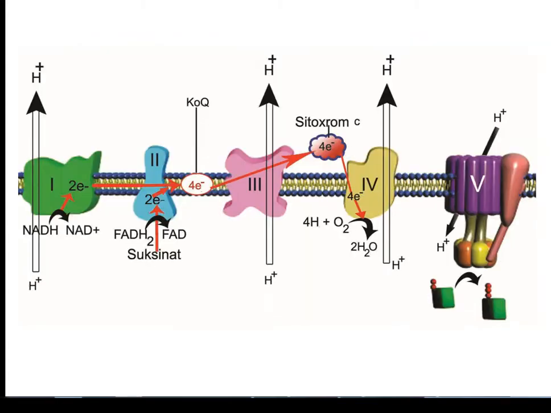As I mentioned, it is the process that is responsible for formation of ATP. Acetyl coenzyme A, formed through the beta oxidation of fatty acids and the degradation of glucose, is oxidized in the citric acid cycle to produce, in addition to carbon dioxide, large quantities of the cofactors NADH and FADH, which give up 2 electrons, and these electrons will be transported through this chain from first to second and so on.